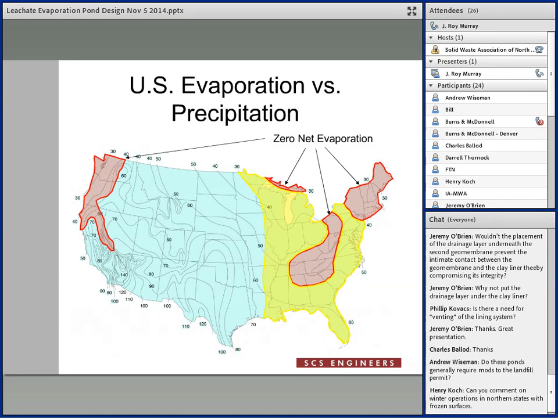I'm not by any means an expert on that, but I think those numbers are reflected in the reduced net evaporation that you see on this current slide as you get up into the parts of the country where it's typically colder, especially like the upper Midwest, areas that aren't all that wet but are very cold. Their evaporation is down, so I think you probably don't get a lot of evaporation over the course of the winter.